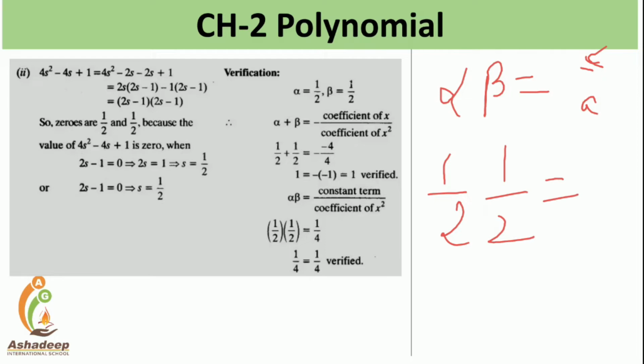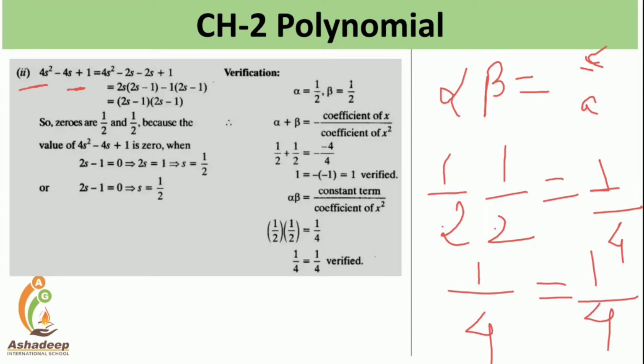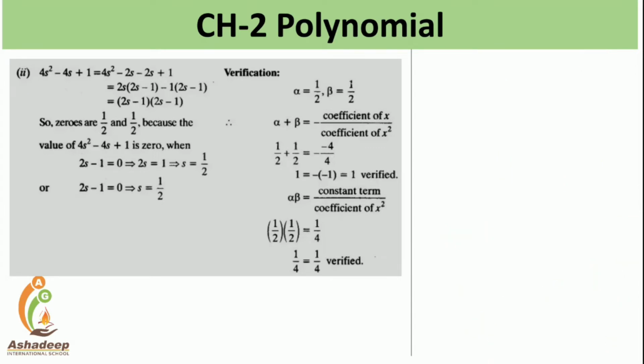What is C? C is 1. What is A? A is 4. Right? 2 2s are 4. So it's 1 upon 4, equal to 1 upon 4. Right? Okay. Now let's move ahead.